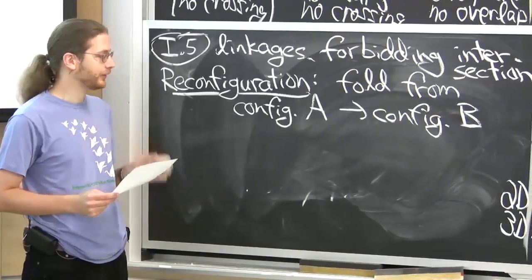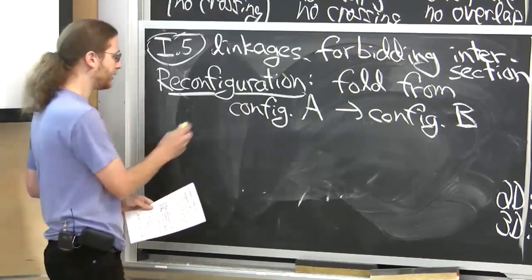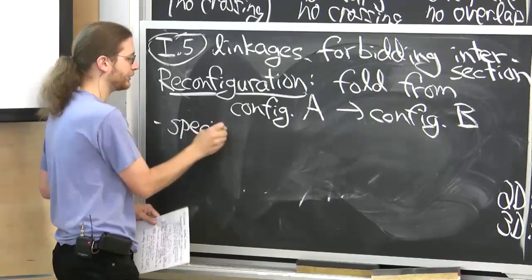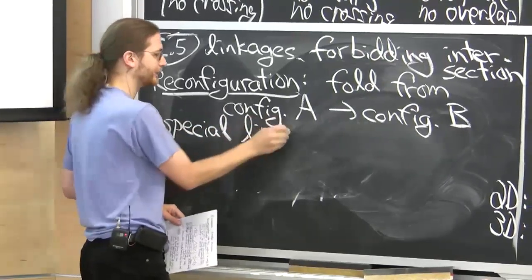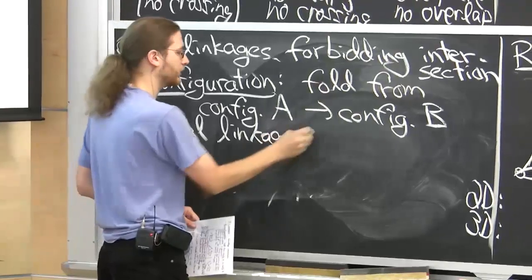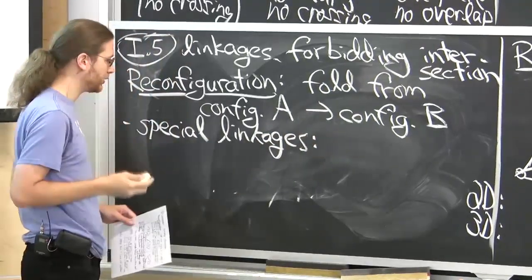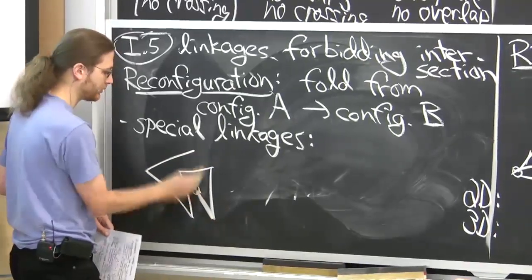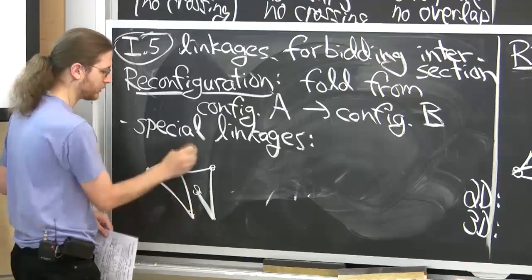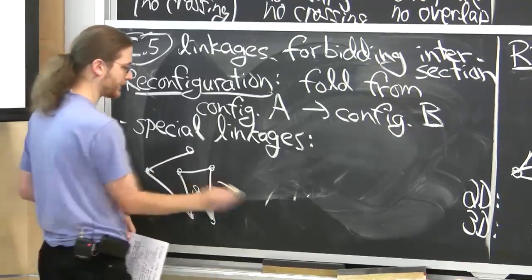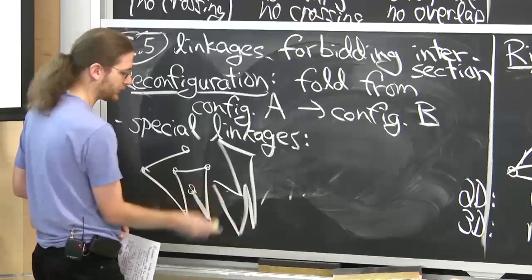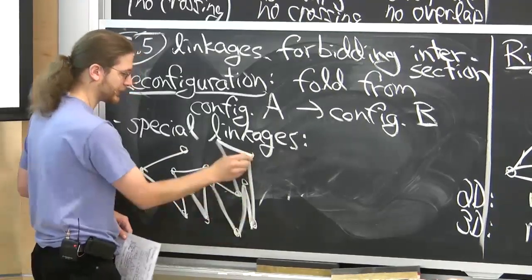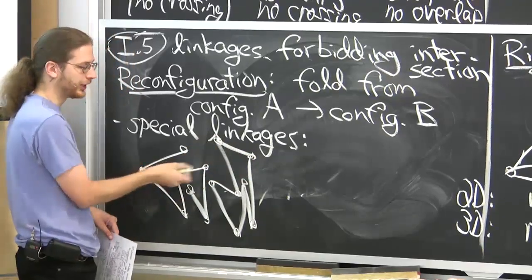But a lot of the time, you can think about special linkages. There are a lot of interesting special cases. In particular, we like to think about chains like I drew before. Also polygons. It's a little messy, but imagine those don't self-intersect. So this is what I call an open chain, and this is a closed chain.